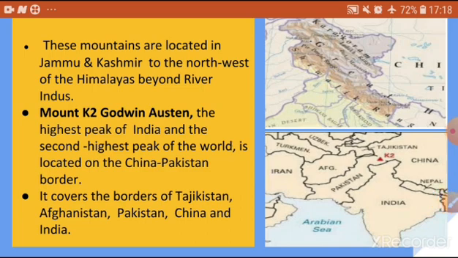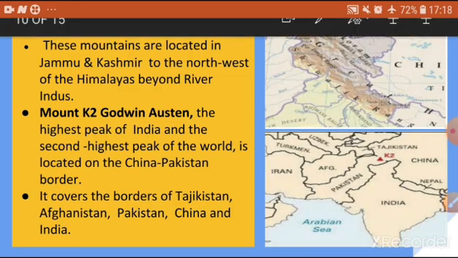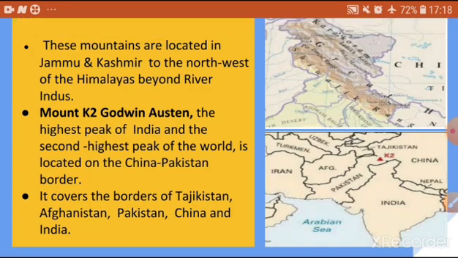So here in this map you can see this is K2 Godwin Austen, Mount K2 Godwin Austen peak.